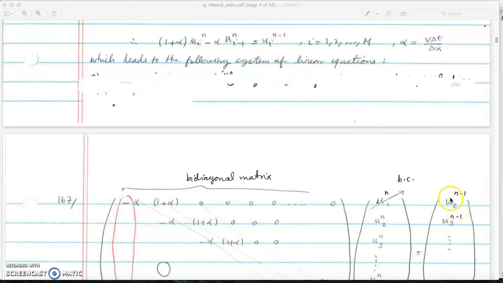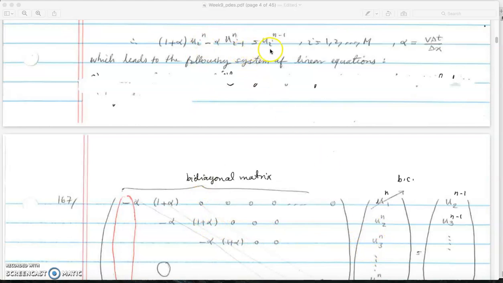Okay, so if I put i equal 3, then I'm going to get minus alpha times u2 at time n, and then the second term is going to be 1 plus alpha times u3 at time n.